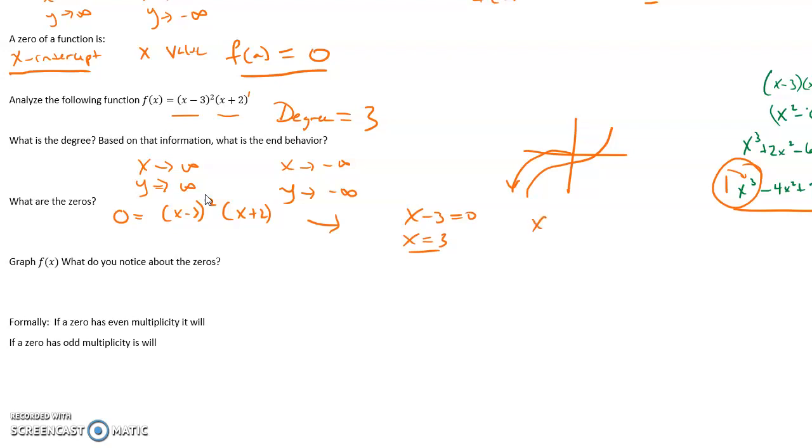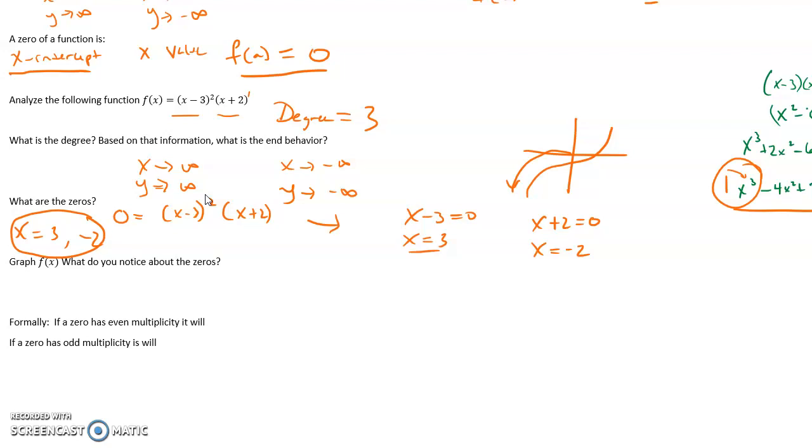For the other one, x plus 2 equals 0, subtract 2, I get x equal to negative 2. So my zeros are x equals 3 and x equals negative 2. I do have two x minus 3's, but they give me the same number, so I'm not going to write repeats.